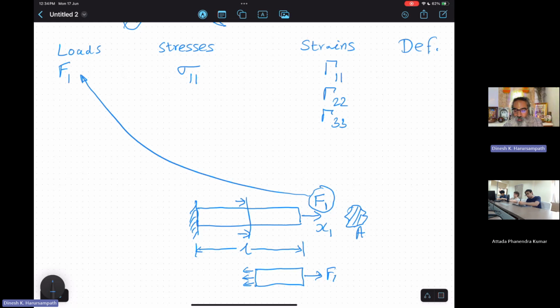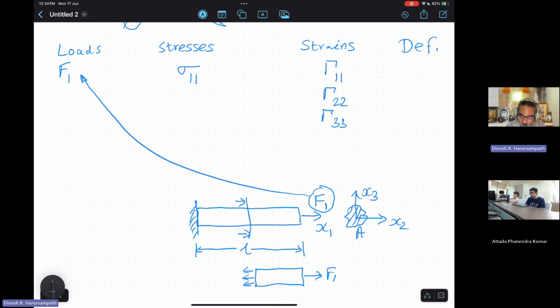Okay. So right now, let's not bother about these indirect effects, the coupling effects. Let's focus on the main effect, which is gamma 1,1. Okay. What about the deformation? So let me once again also draw the other coordinate axes, which are x2 and x3.